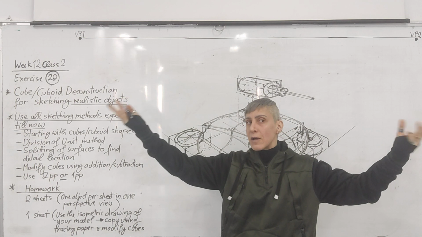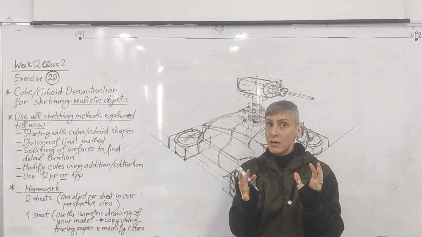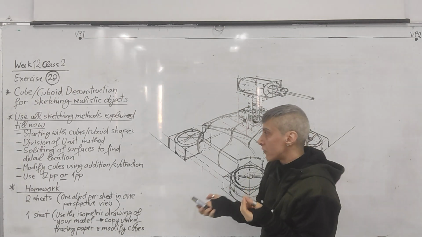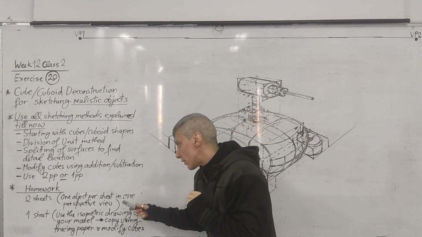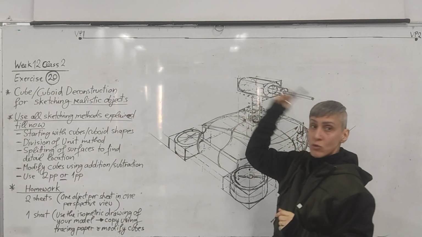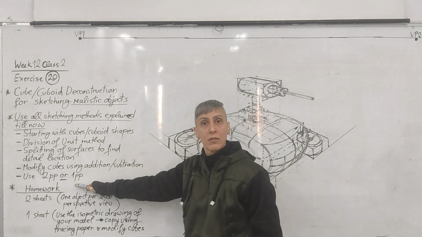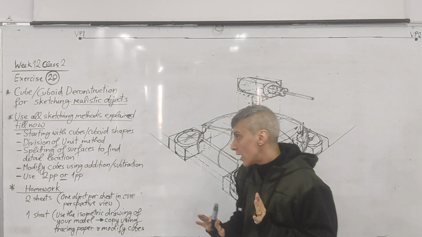The vanishing points can be outside of the sheet, remember. And the object can be bigger, so that we can see details. So one object per sheet, and you can use 2-point perspective or 1-point perspective.